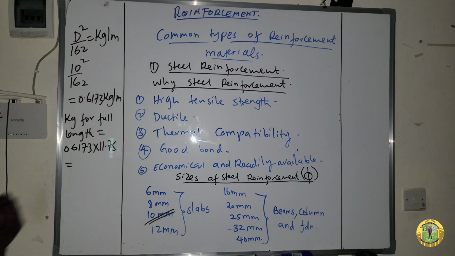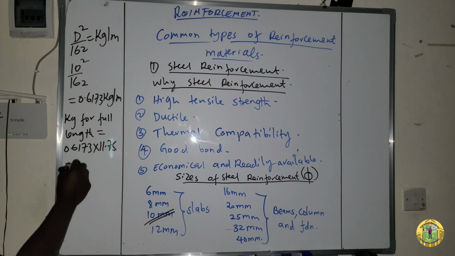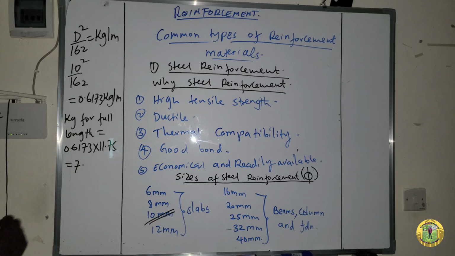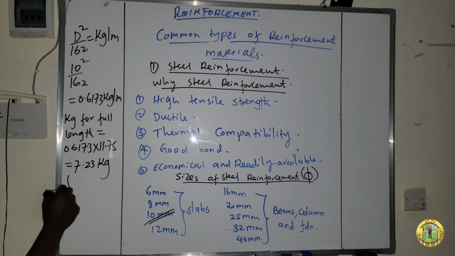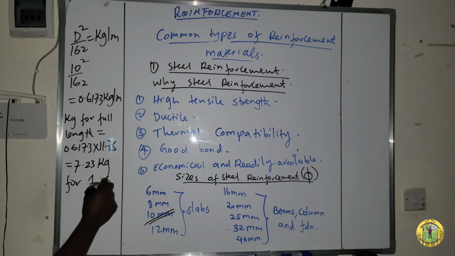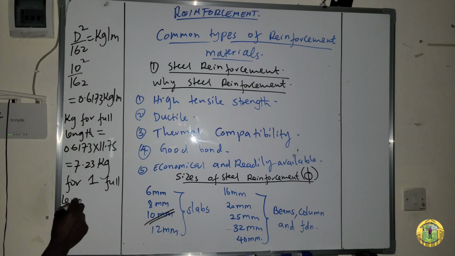So 0.6173 times 11.75 is equal to 7.23 kilogram for one full length of 10 diameter bar. For the other bars, you can still use the same formula and it will give you the answer.